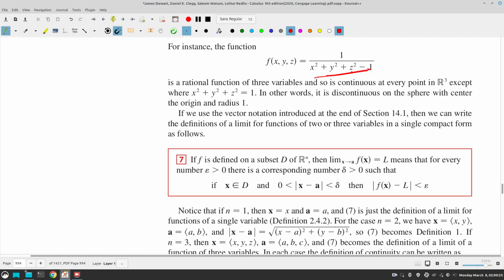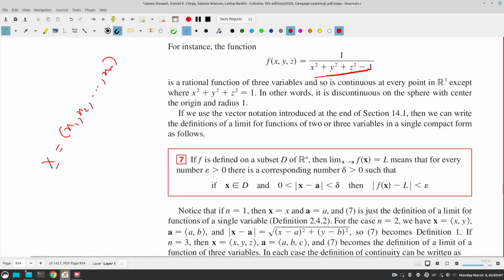Okay, so in fact, we can represent the domain argument of a function of many variables, let's say n variables, by a vector x, which is equal to (x₁, x₂, ..., xₙ).